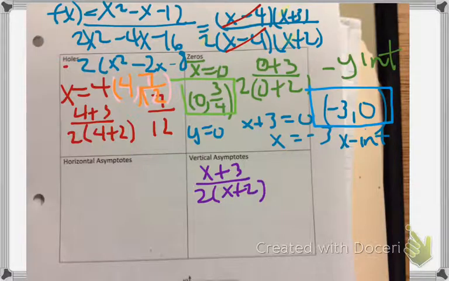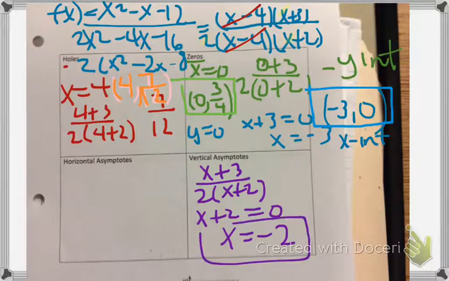When is this going to be undefined? At negative 2. You just take your denominator of x plus 2. When is that equal to 0? That is equal to 0 at negative 2. So there is your vertical asymptote. All right?